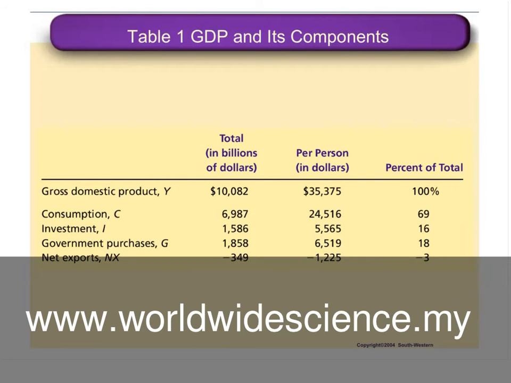So the number of their exports is lower than the number of their imports. So when they do the calculation, they come up with a negative number. And then they divide it per person, so they get the per person and the total also.